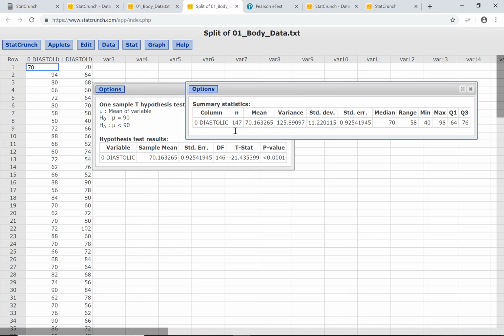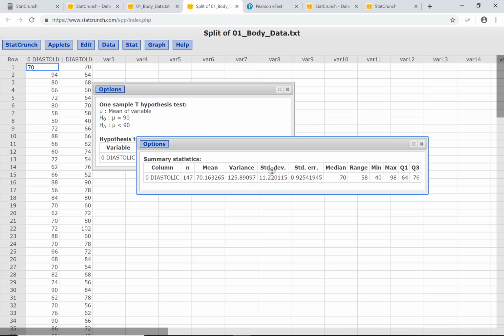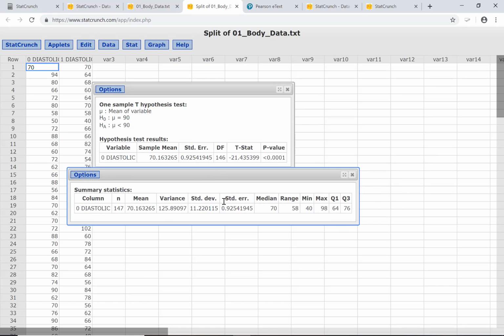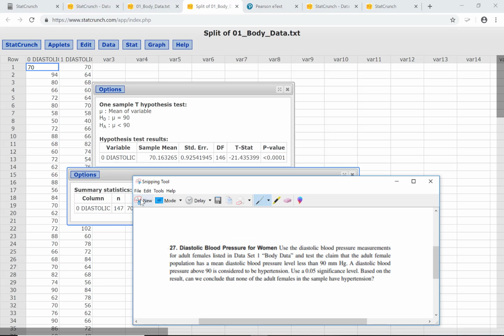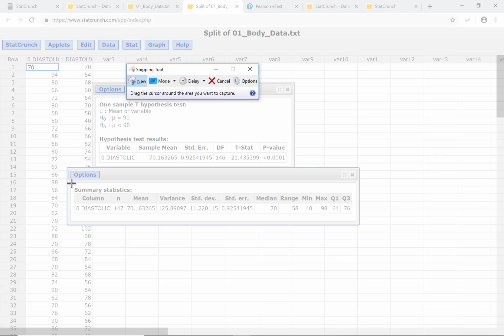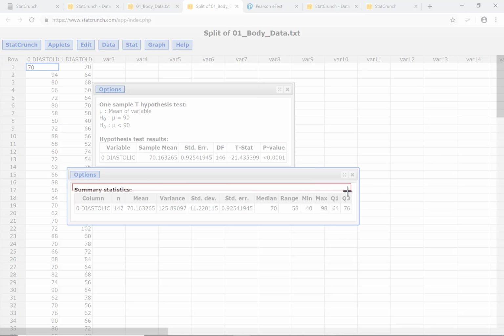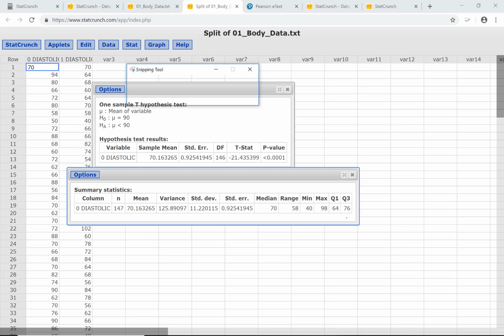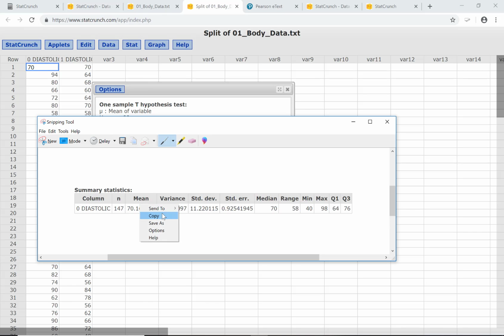So we know that there's 147 in our sample, that the mean is 70.16. I'm going to use my snipping tool, snip this, and put that in my step 3.